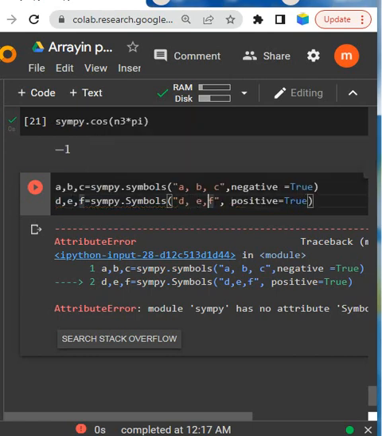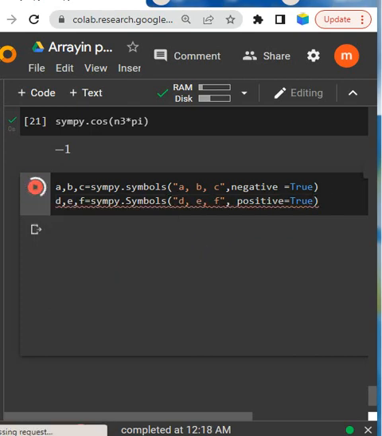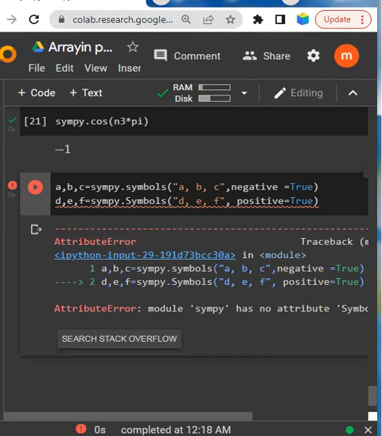Then here the colon has been positive, and double quotations have been given. The first code is working, the second is not working. Module sympy.symbols, exactly, I had written capital letters, so keep it in your mind.